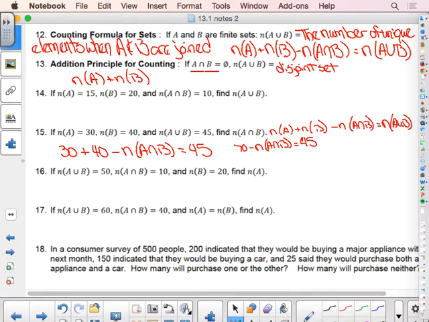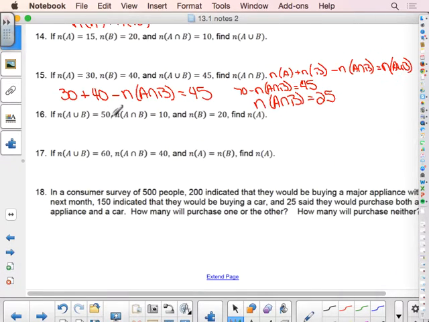So that's going to give me that the number in the intersection of A and B is equal to 25. So the number in that intersection is 25. 16 is homework, 17 is homework. Take a look at 18.